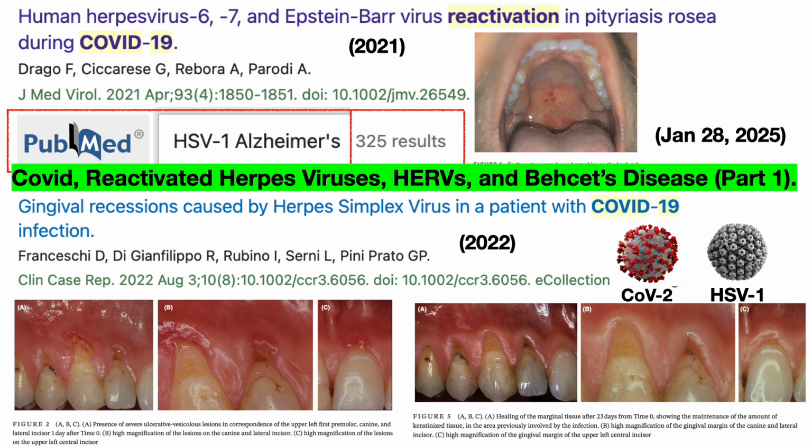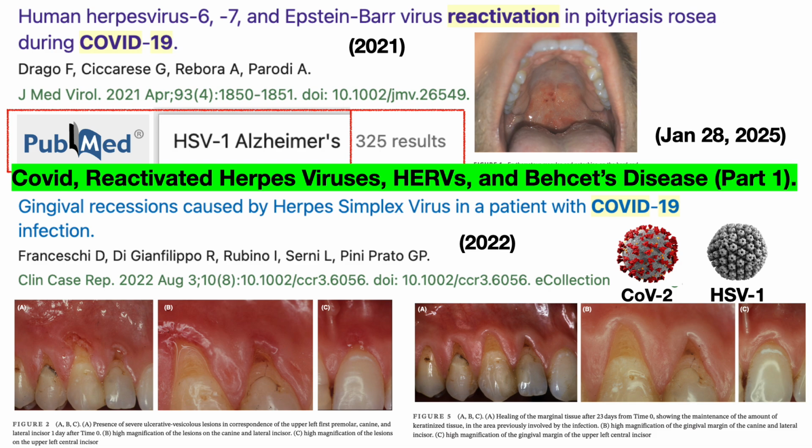To set up the background for this discussion, I'd like to first emphasize a key paper which was published early in the COVID pandemic. Human herpes virus 6, human herpes virus 7, and Epstein-Barr virus reactivation in pityriasis rosea during COVID-19.